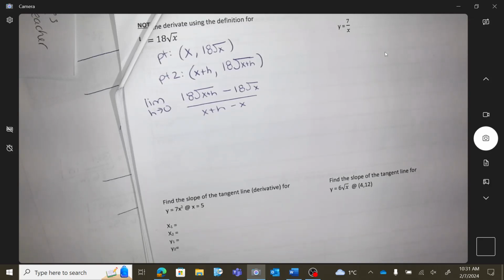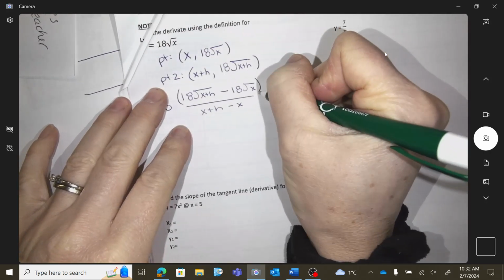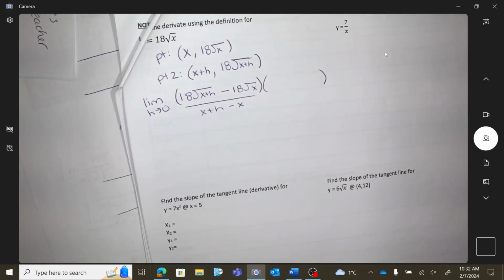We know the algebra with fractions is to get a common denominator. So what's the algebra strategy, do you think, with radicals? It's a weird word. Starts with a C. Conjugates, yeah. Radicals, conjugates.